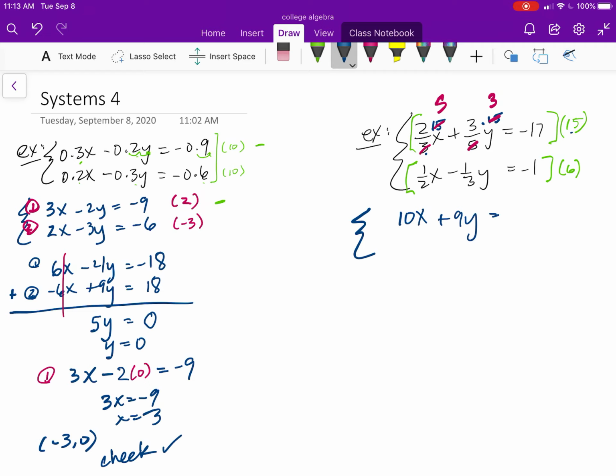And then negative 17 times 15, I don't know that one in my head. We'll go and do that off to the side. 17 times 15, I was trying to do in my head, it's not working out. 255, so negative 255.